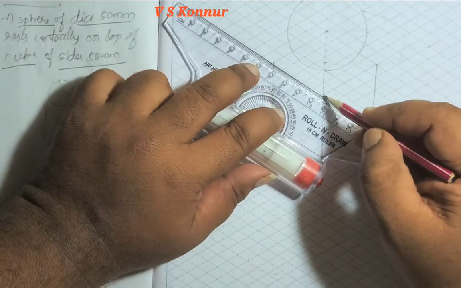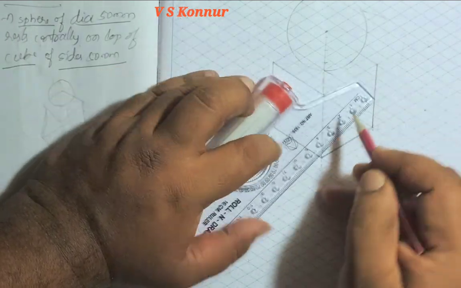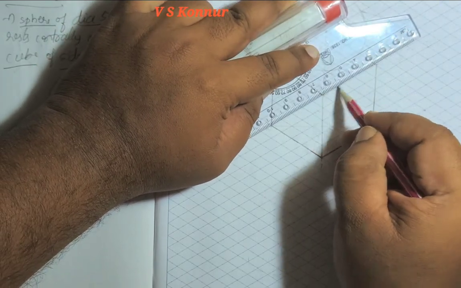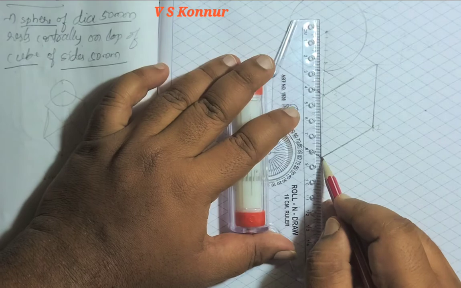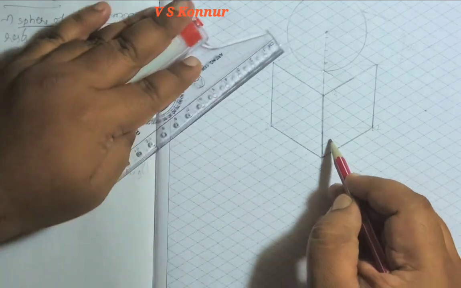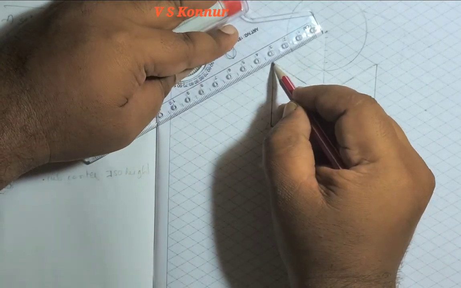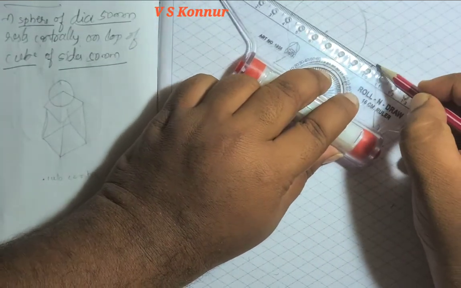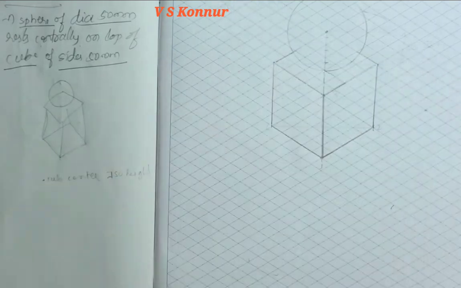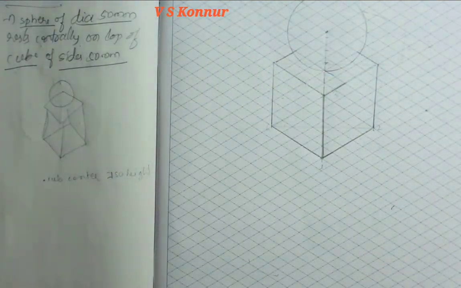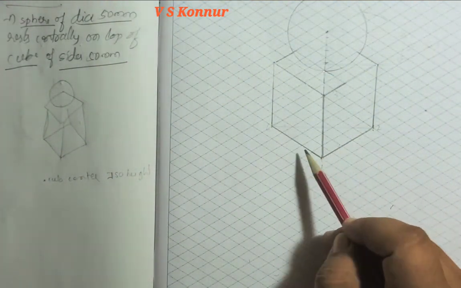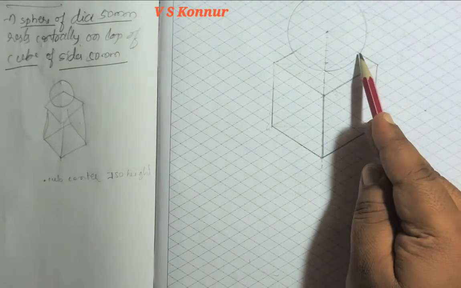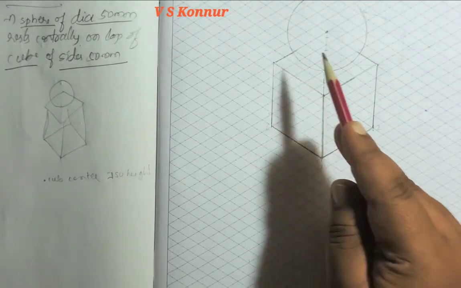So always the top face will be dark. Look at the construction. See, other lines should be thin. So what I have made dark: this line, this line, this line, this line, this and this, along with only this part till it intersects the sphere.